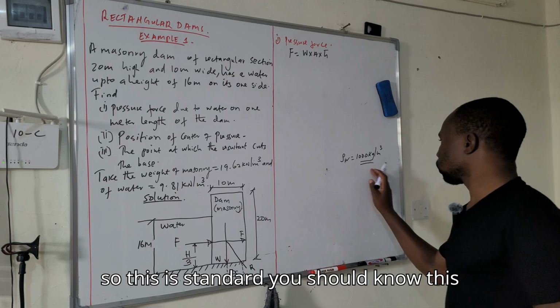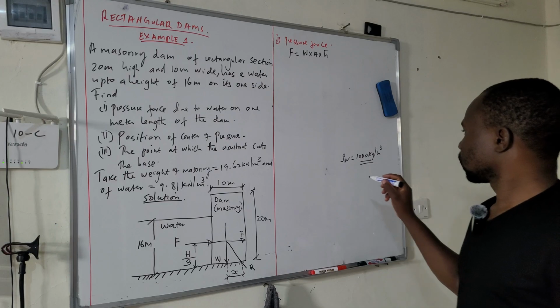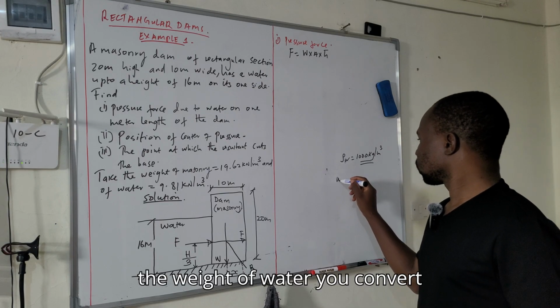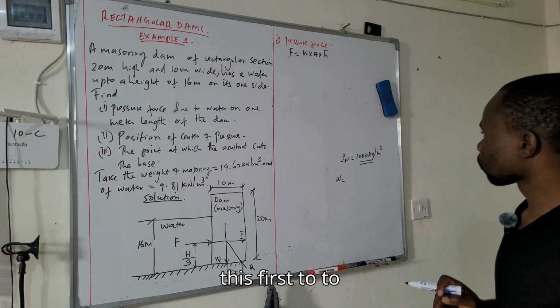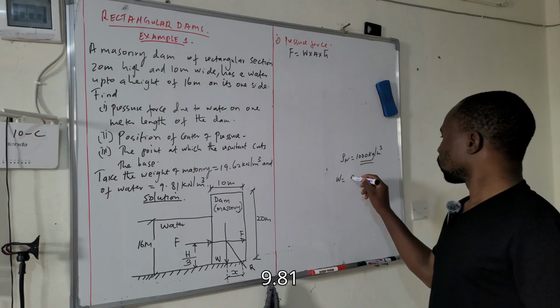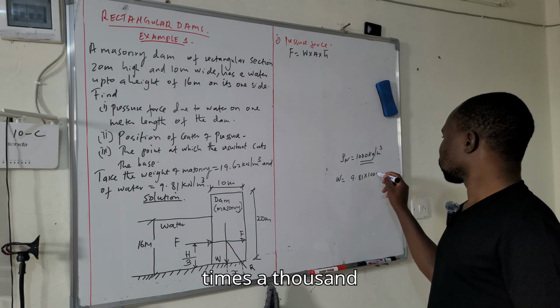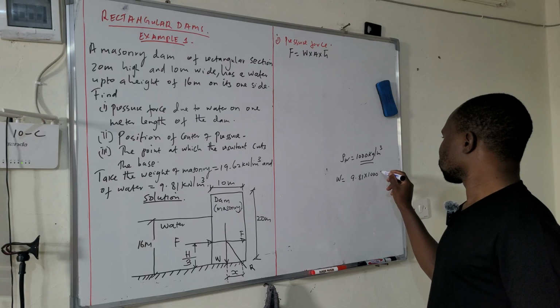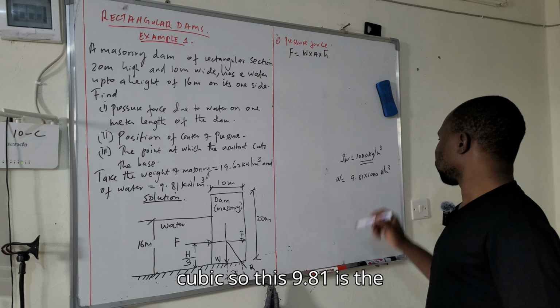This is standard, you should know this. From this, you can say that the weight of water, you convert this first to Newton, which is 9.81 times 1,000, and this will be Newton per meter cubed.